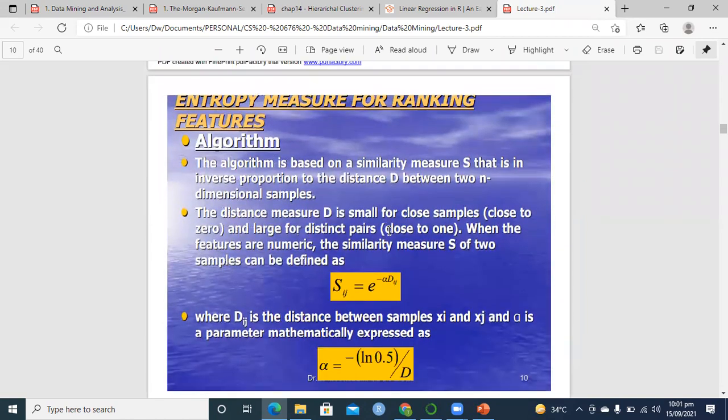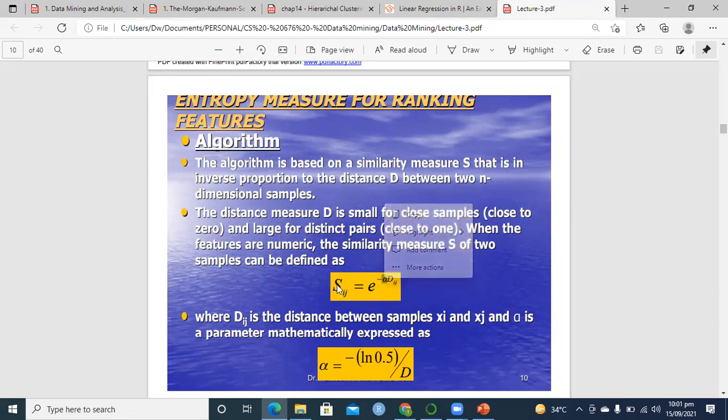So in the entropy measure for ranking, we first calculate the distance matrix. You know, Euclidean distance or the simple distance formula, square root of (x2 minus x1) squared plus (y2 minus y1) squared. So we have this distance measure between all i and j. i and j represent the columns of a data frame or a data matrix. Alpha is some constant term, maybe 0.01 or 0.1 or 0.202, something like this.